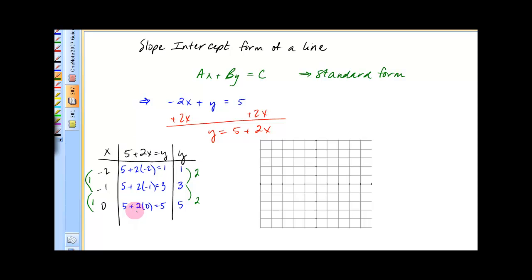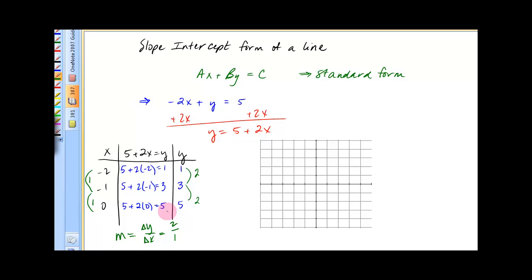So this is actually representing my slope. Remember that slope is going to be the change in the y's over the change in the x's. In order to change from one y to the next, it's 2. And in order to change from one x to the next, it's 1, 2 over 1. And I'm going to keep that in mind in just a second.